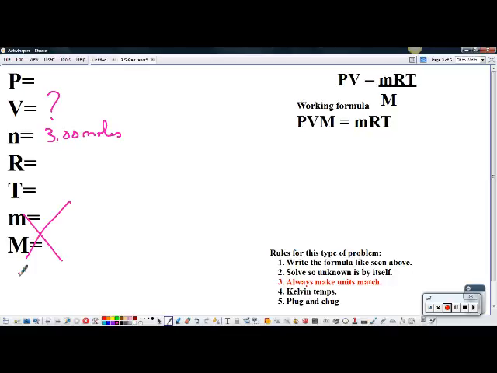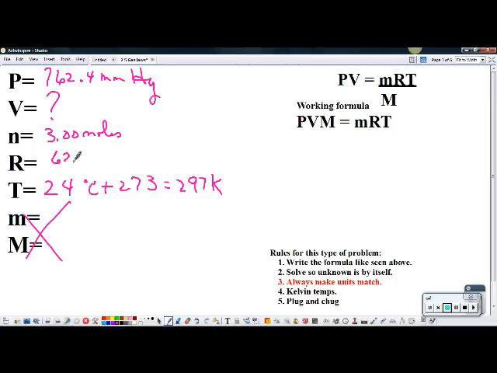Will occupy at 24 degrees C plus 273, 297 K, and 762.4 millimeters Hg, and my unit of R is 62.4 liter millimeter Hg per mole K.